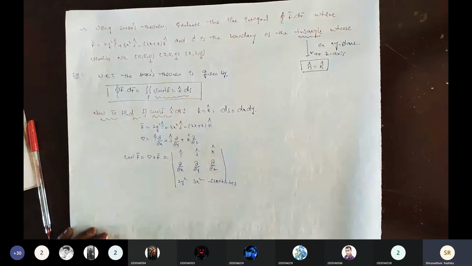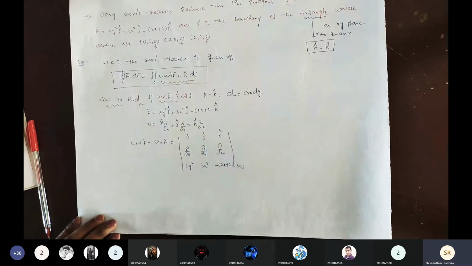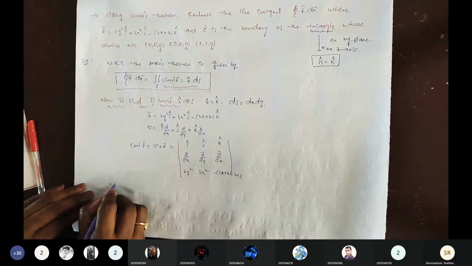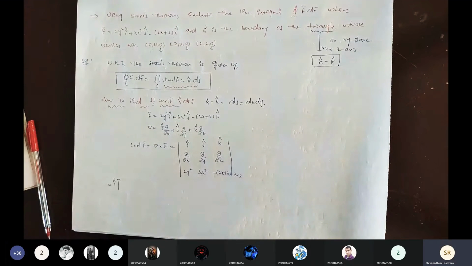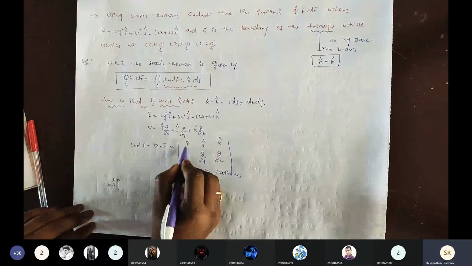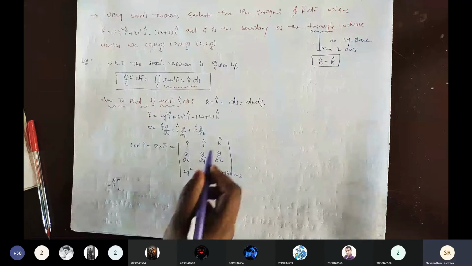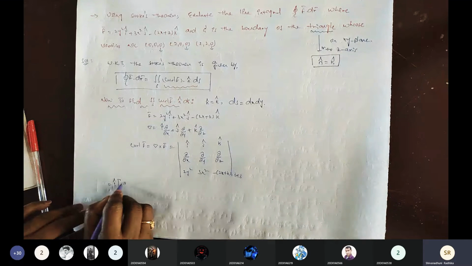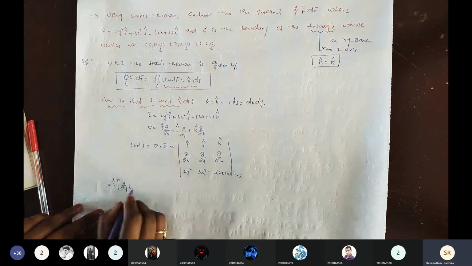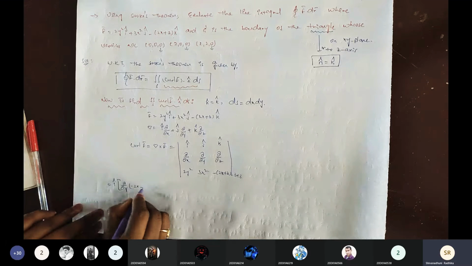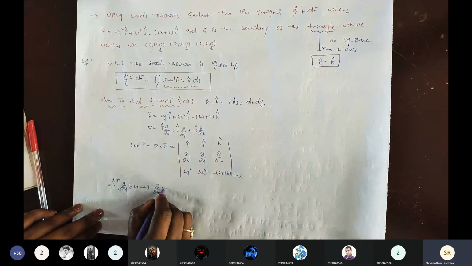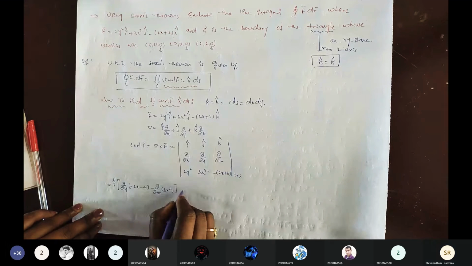Clear. Now using the formula of the 3 by 3 determinant here. i cap of: eliminate the corresponding column and row, the remaining is AD minus BC. Dou by dou y of minus 2x minus z, minus dou by dou z of 3x square.